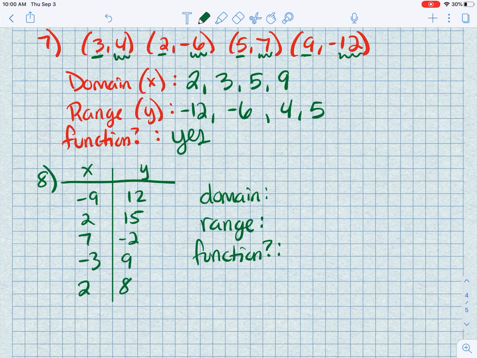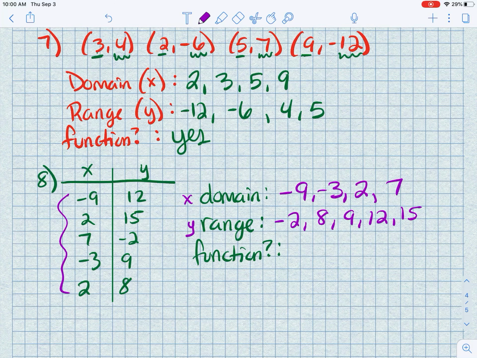So domain, what was the domain? The domain were the x values. So we have -9, -3, 2, I have 2 listed twice, so I'm just going to list it once, and 7. My range are my y values. I have -2, 8, 9, 12, and 15.